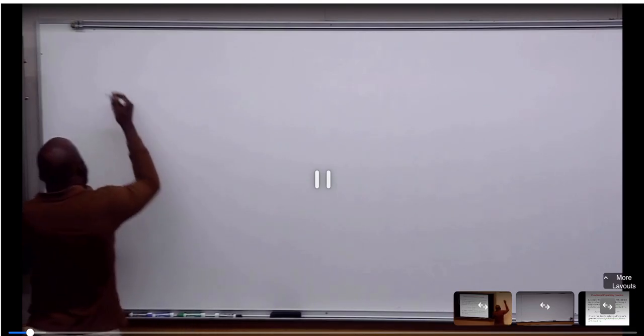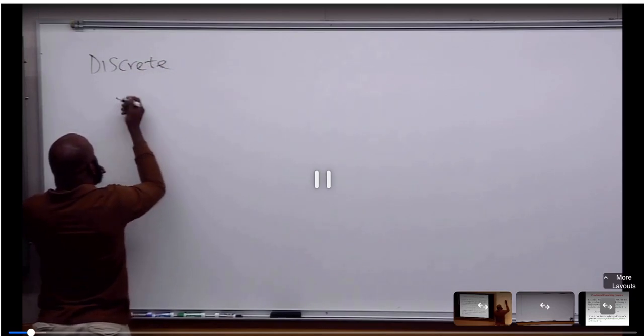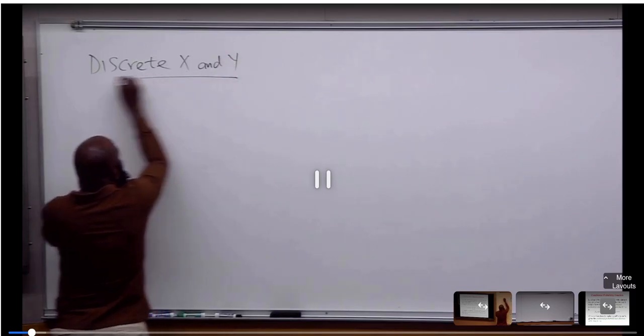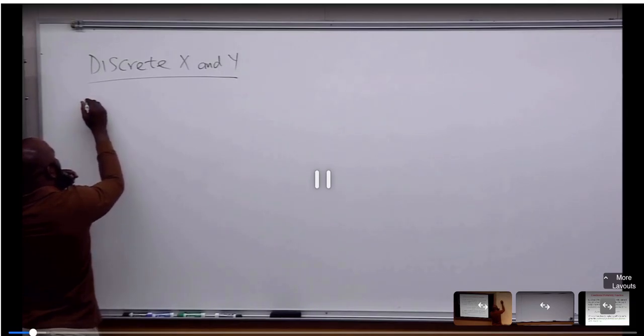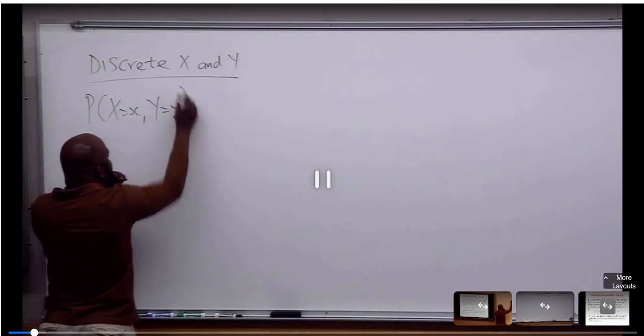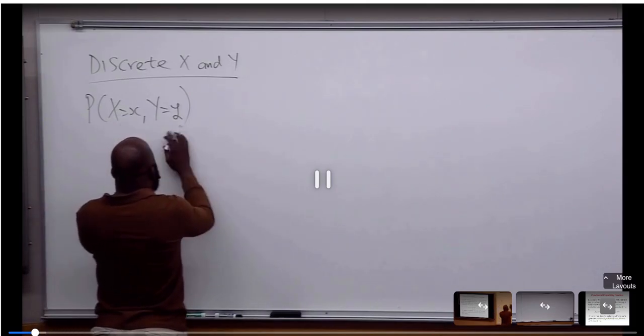If I talk about discrete x and y, so if I have the probability of x equal to this, y equal to that, we can actually figure this out.